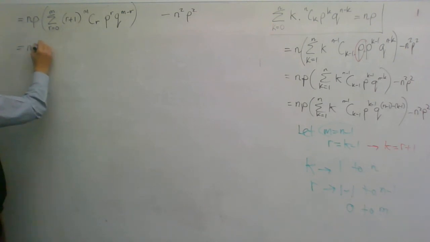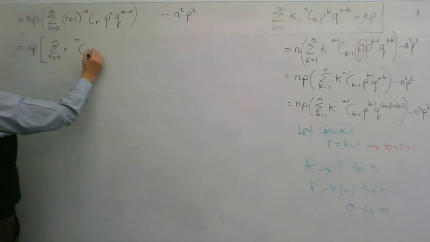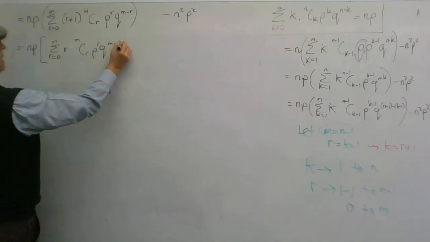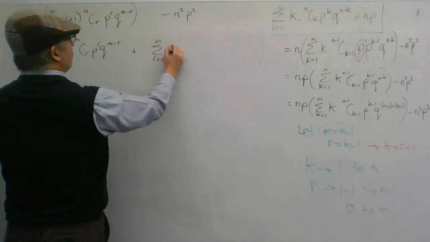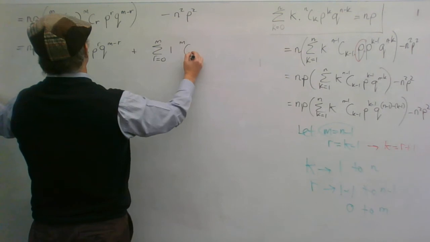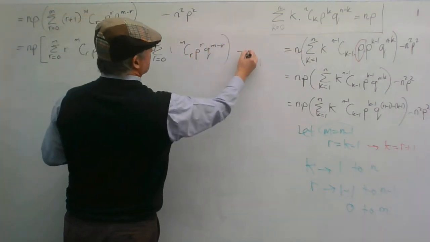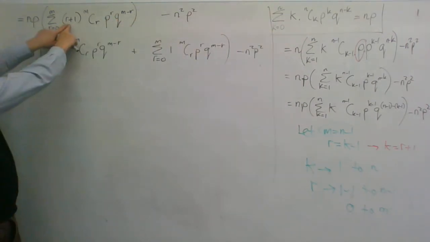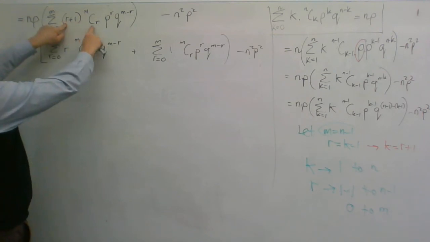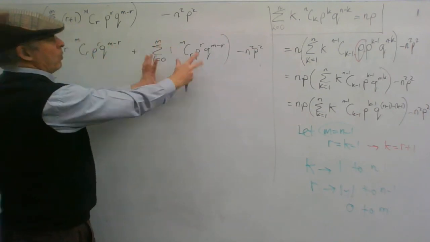We've got np, and we've got the sum from r equals 0 to m of r times mCr p to the r q to the m minus r, plus the sum from r equals 0 to m of 1 times mCr p to the r q to the m minus r, and then of course our minus n squared p squared sticking out the end. So all I did there was see this r plus 1 in brackets, that's r of these plus 1 of these, so I've separated them out. I've got r of them and 1 of them there.